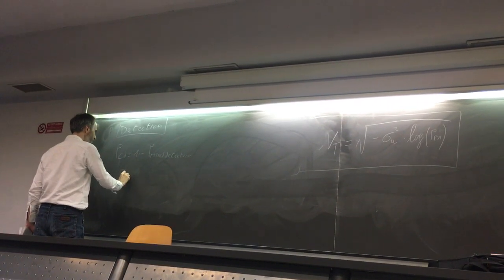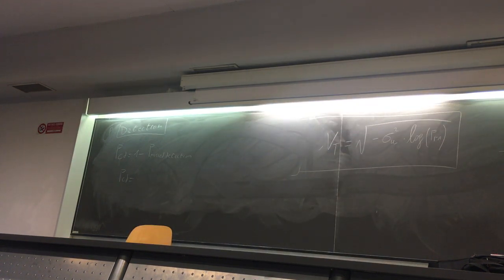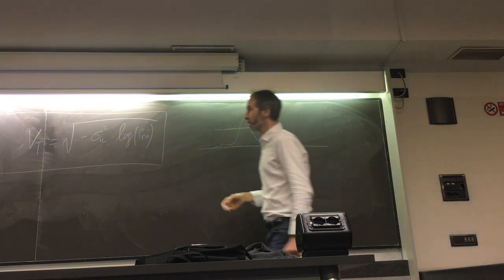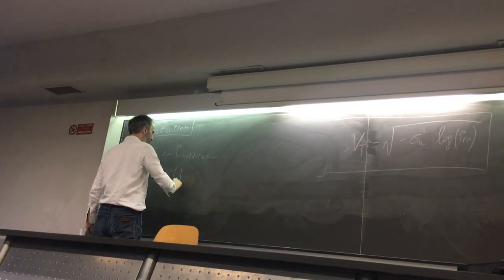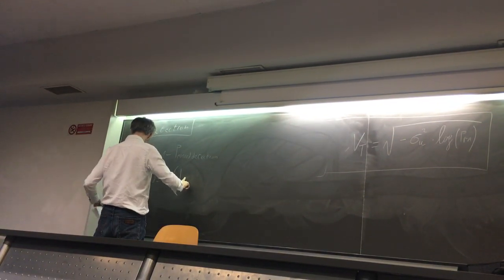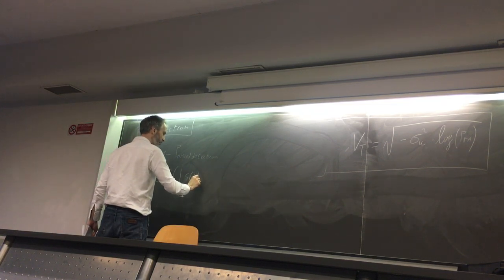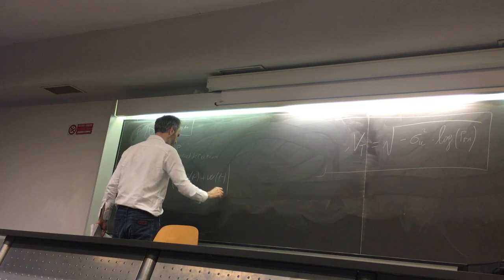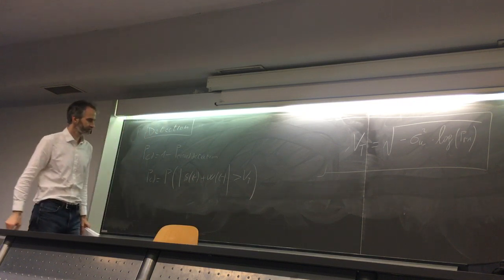And this is of course equal to the probability that your signal is actually taller than the threshold where you do have the peak. So in this case, this is the probability that the absolute value of your signal plus the noise is larger than the threshold.